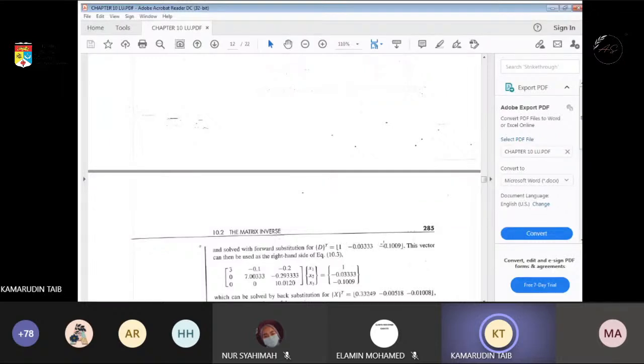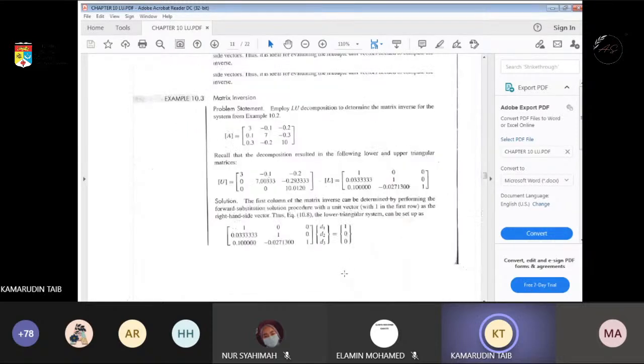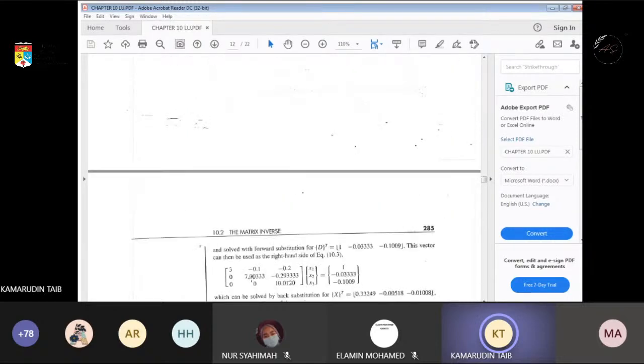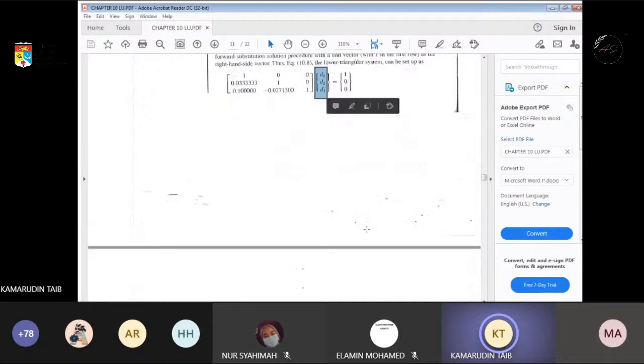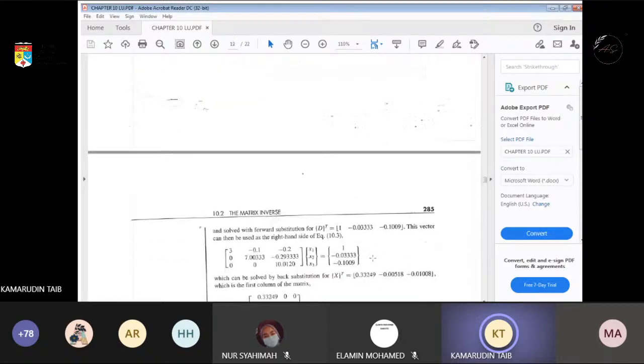This answer constitutes the right hand side of equation 10.3. That means we have the upper triangular multiplied by x equivalent to the right hand side. The right hand side is the answer for the D that we got just now. Understand?